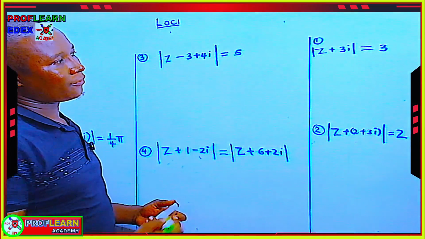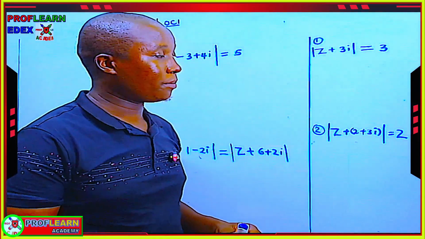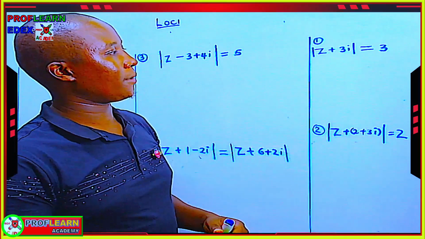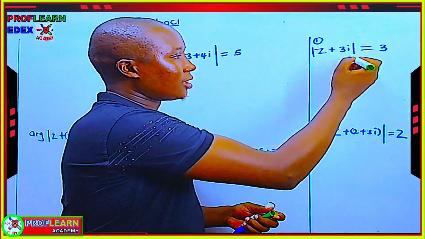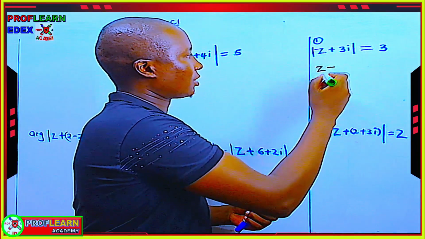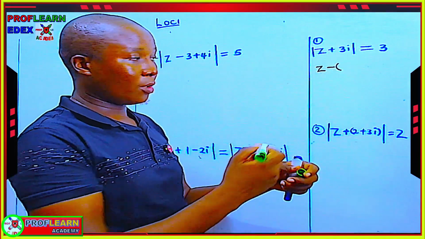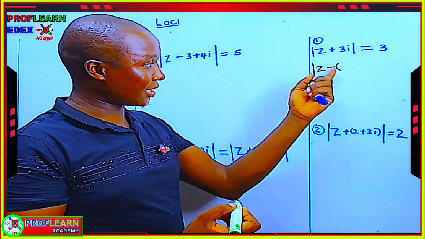Let us now focus on this particular question. If you see a type of locus represented by |z + 3i| = 3, then we can rewrite this equation so that it is in standard form. |z - (0 - 3i)| = 3. All loci are written in such a way that there is a minus here.